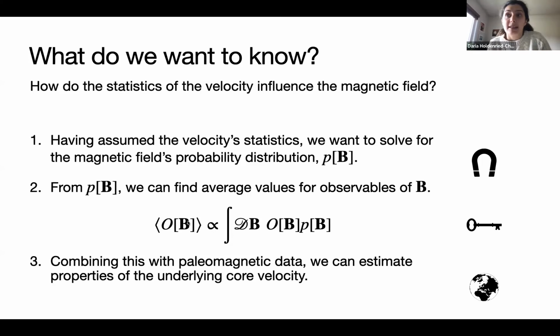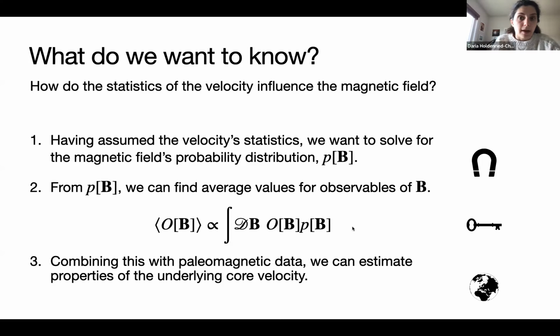And to find these averages, essentially what you need to do is integrate over all possible magnetic fields this observable weighted by the probability of obtaining a certain magnetic field. And this is the approach that we've taken in the past. And for averages of the magnetic field, it works quite well. And it produces results that in the correct limits are consistent with, for example, mean field theory.